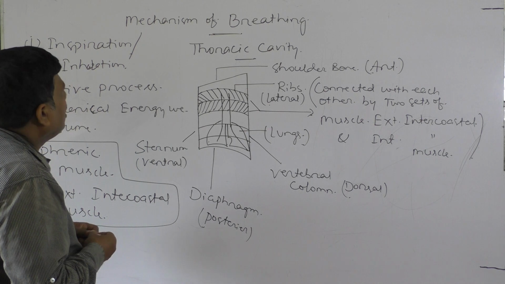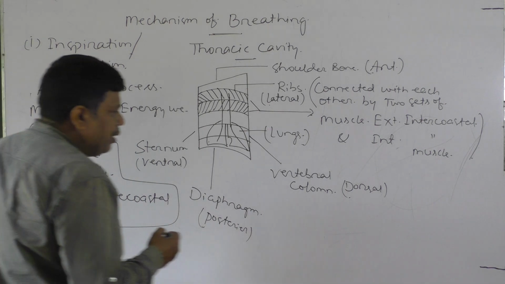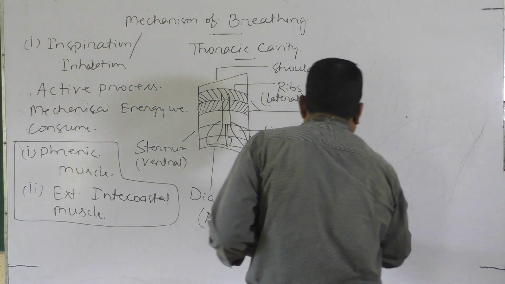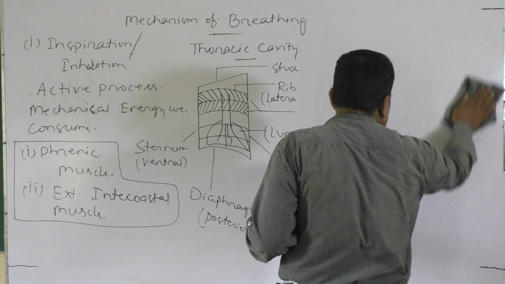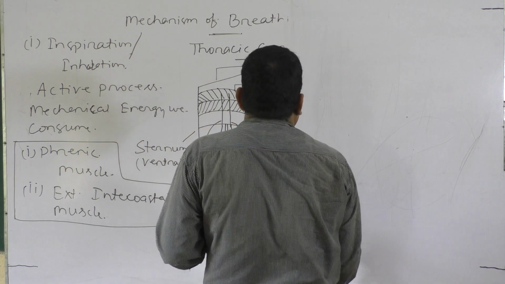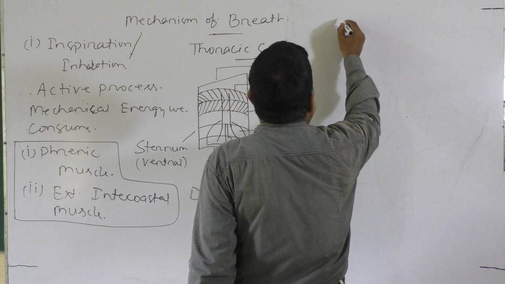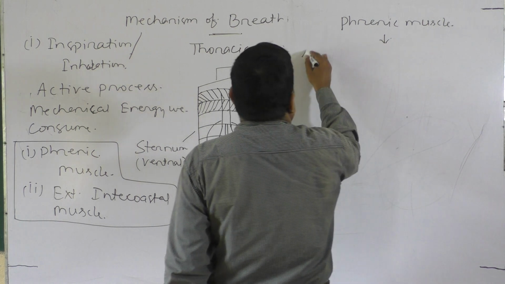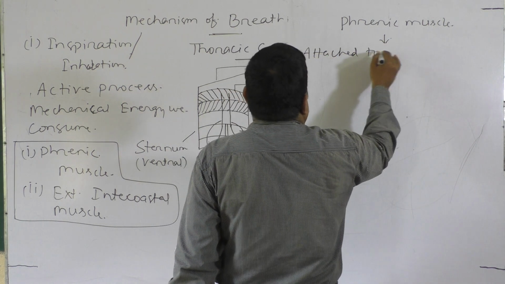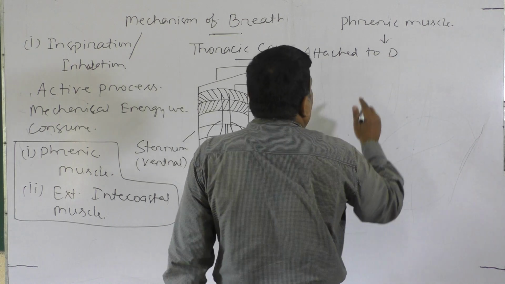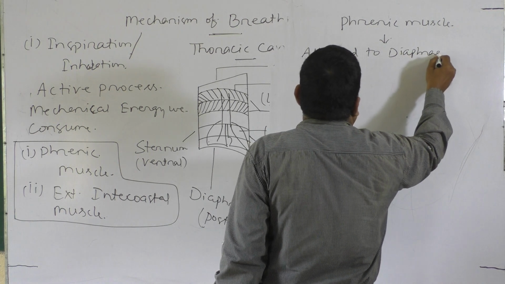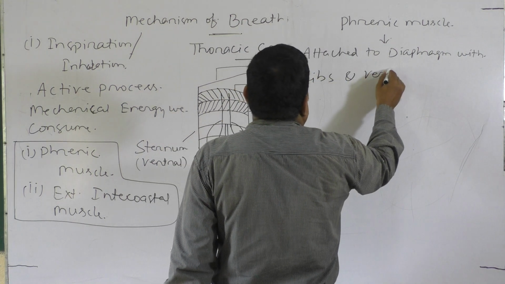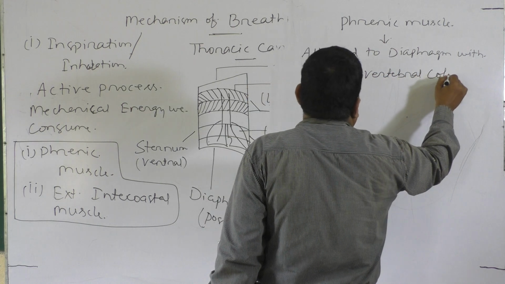The phrenic muscle is attached to diaphragm with ribs and vertebral column.